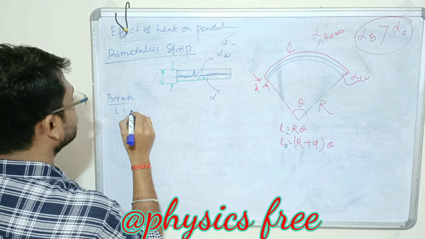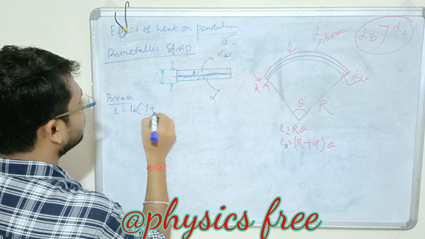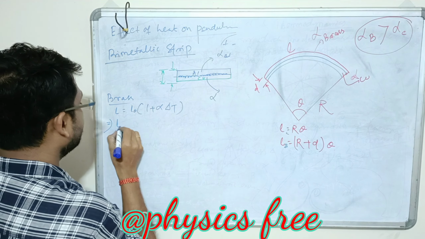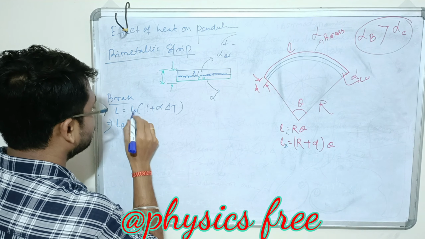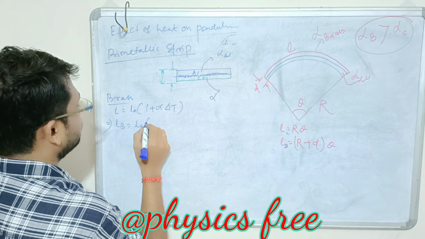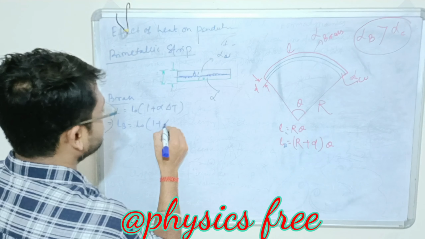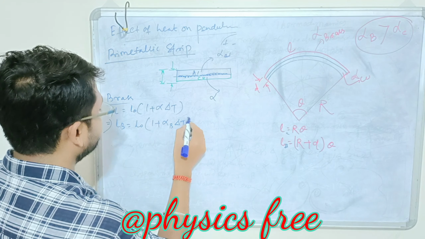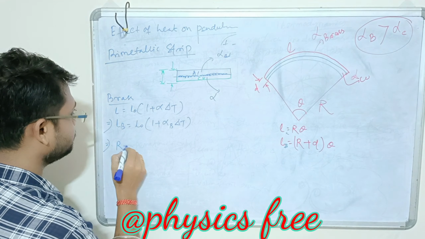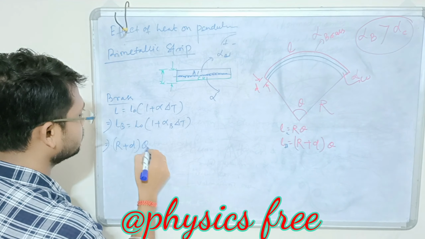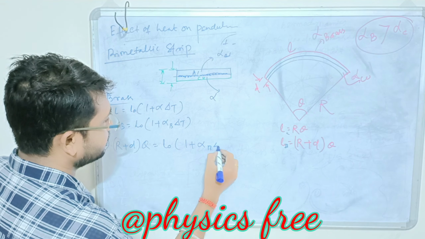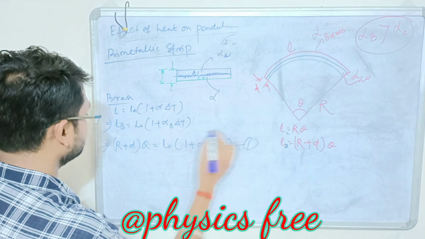L equals L0 into 1 plus alpha into delta T. So L_B, R plus d into theta equals L0 into 1 plus alpha B into delta T, equation number 1.